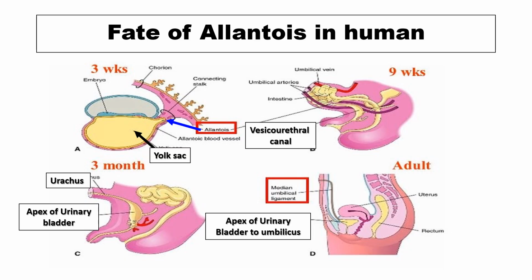Around the ninth week, the allantois is connected to the vesico-urethral canal, which later forms the urinary bladder and urethra. Around the third month, it completely gets fibrosed and is connected to the apex of the urinary bladder. The adult urachus becomes fibrosed and connects the apex of the urinary bladder to the umbilicus.